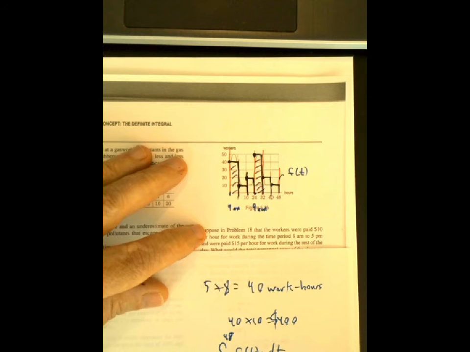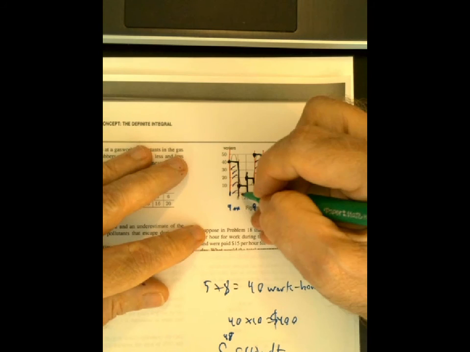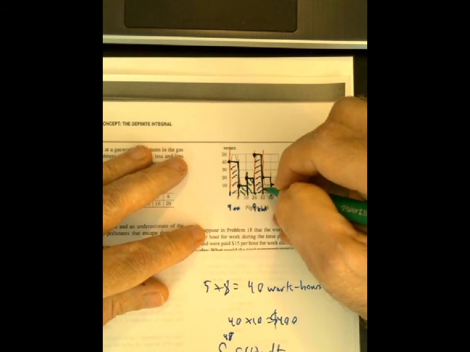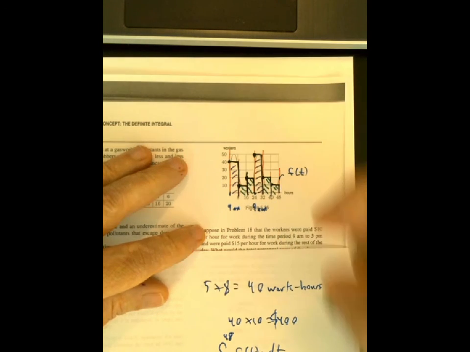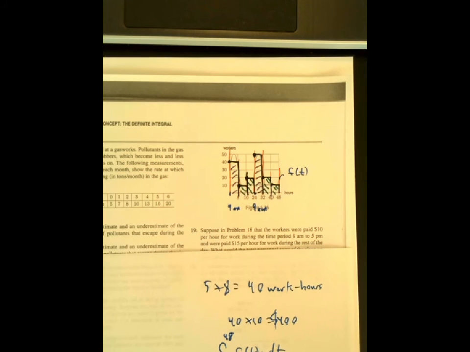Just like that. Then the other rectangles are the $15 an hour rectangles. Like that.